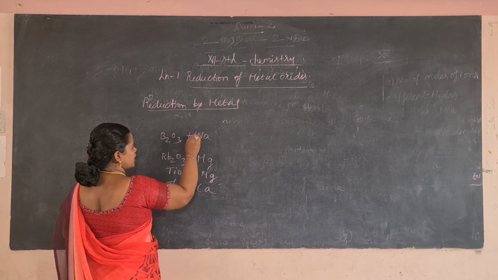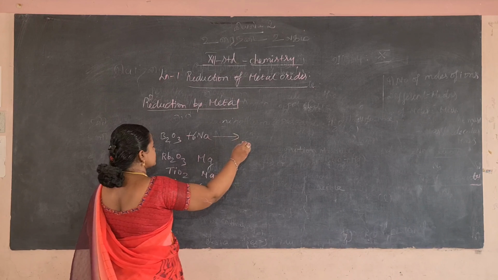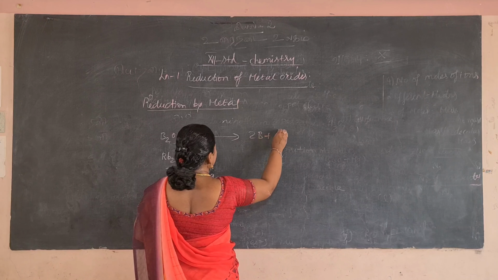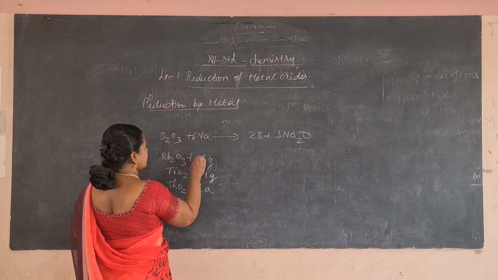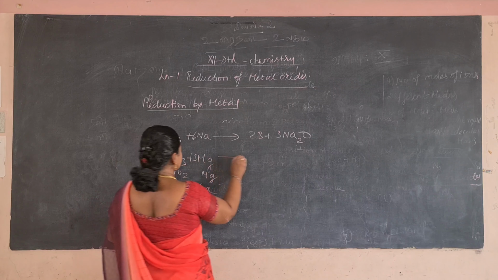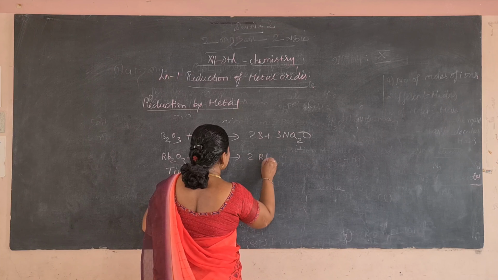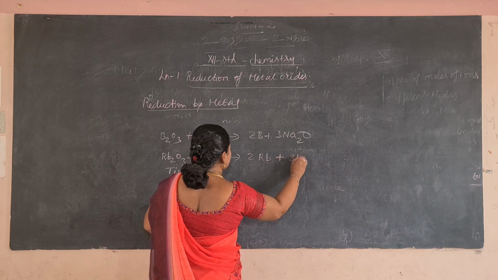So B2O3 plus sodium forms 2B plus 3Na2O, and Cr2O3 plus 3 moles of magnesium forms 2Cr plus 3MgO.